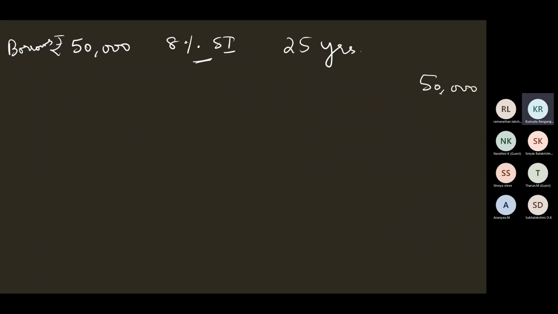That is how simple interest works. For 25 years you pay the interest alone to the bank. At the end of 25 years, you pay the interest for that year and you return the principal value of 50,000.